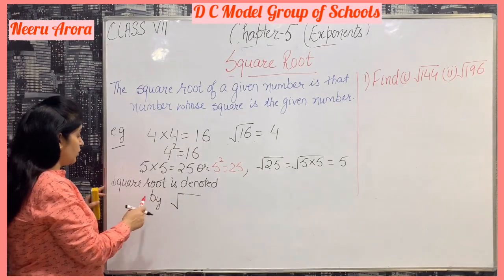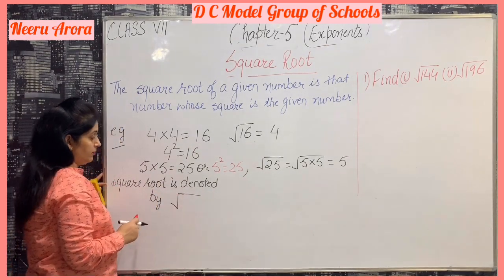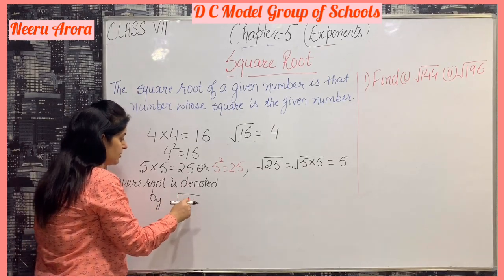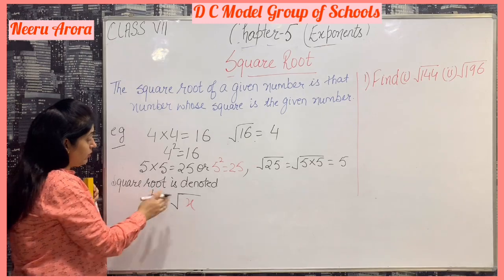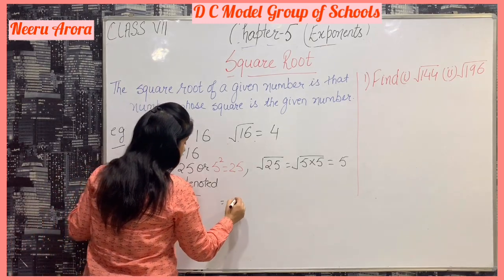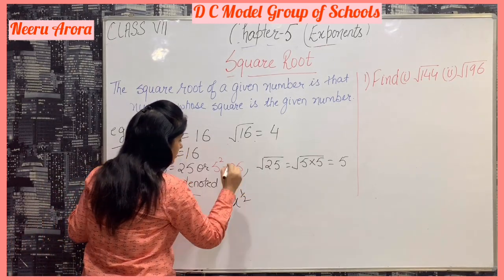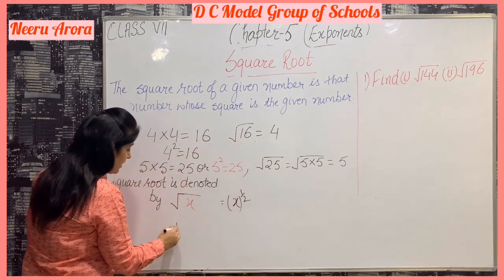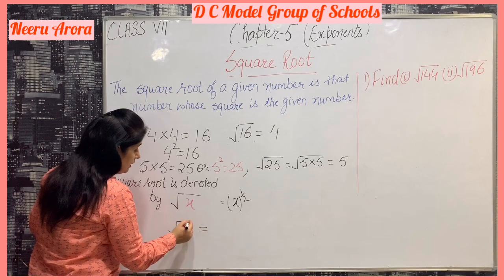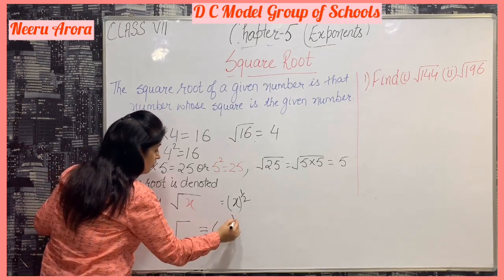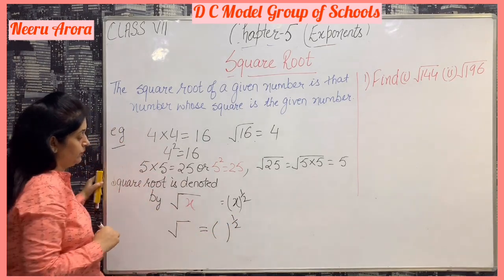And square root, I told you, is denoted by this symbol. Let's take any number x. So the exponential form of square root is x raised to power 1 by 2. So you can say the exponential form of this sign is 1 by 2.